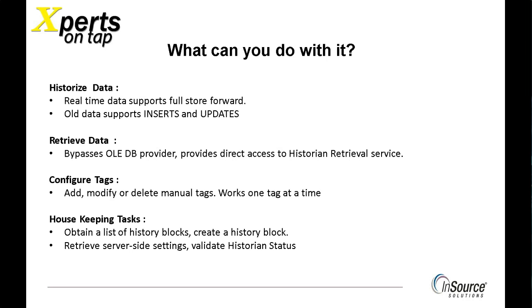Finally, with the SDK, you can perform a host of housekeeping tasks, such as obtaining a list of history blocks, creating a new history block, obtaining server-side settings, validating the status of the historian, such as has it started, are changes pending, what's the store and forward status, are commits allowed, and so forth.